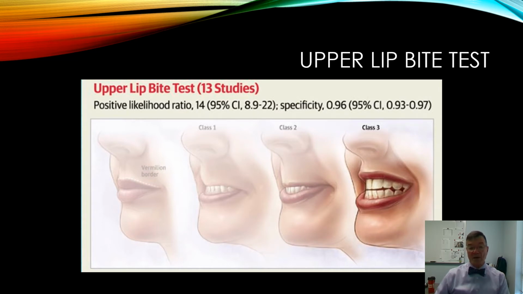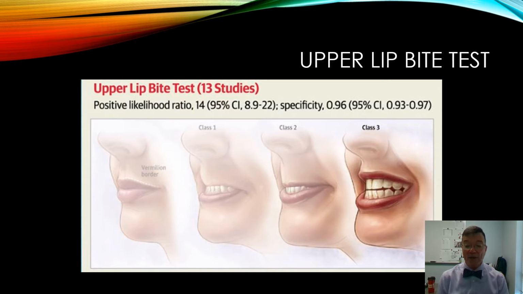One of my favorites is the upper lip bite test, and it's much more specific for difficult intubation. There are 3 classes for it. The first one is that you can take your lower teeth and put them up over the top of your whole lip. The other one is where you can only put part of your lip underneath your lower teeth.